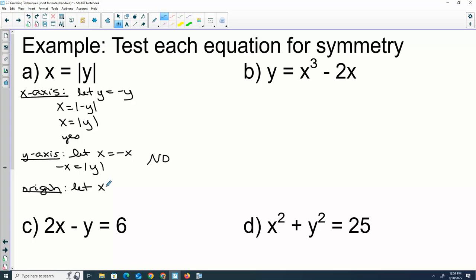We replace the x with a negative x, the y with a negative y. So you would have negative x equals the absolute value of negative y. Does that turn back into my original? No. You can get negative x equals the absolute value of y, but that's not what we started with. So this graph is symmetric to the x-axis only.